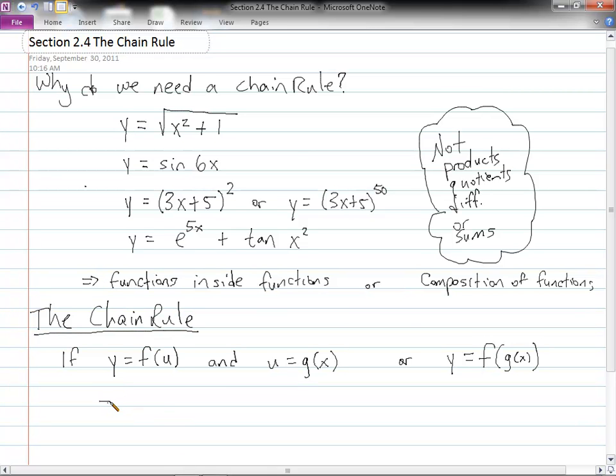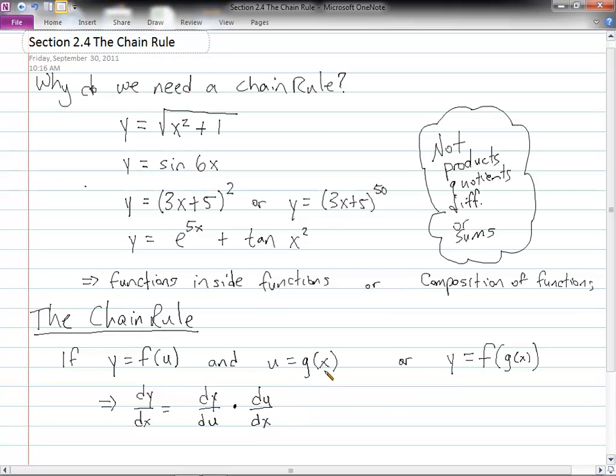Okay? Then, the way you find the derivative, dy dx, will be you take the derivative of y, which is this function right here, with respect to its variable u, and multiply it times du dx.